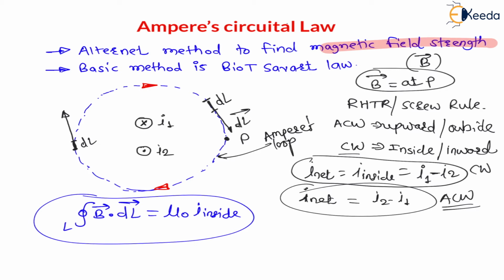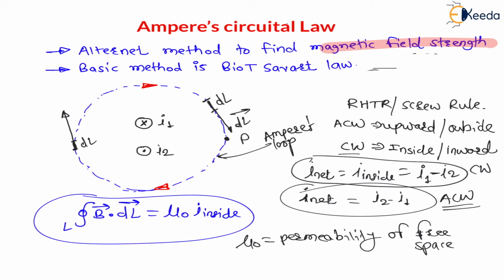Therefore the line integration around this Ampere's loop, B dot dl, is equal to mu naught I inside. I inside we understood, and mu naught is the permeability of free space.